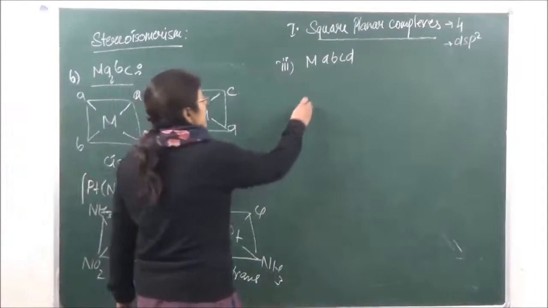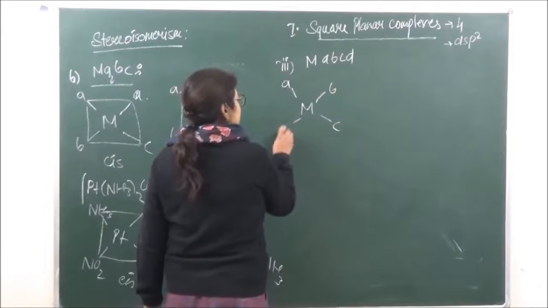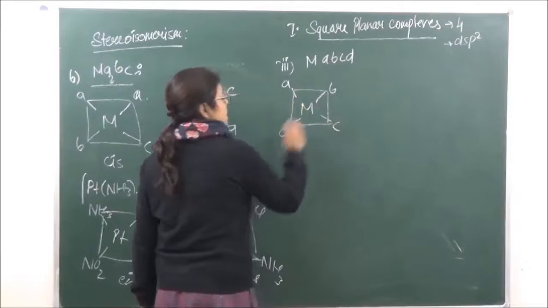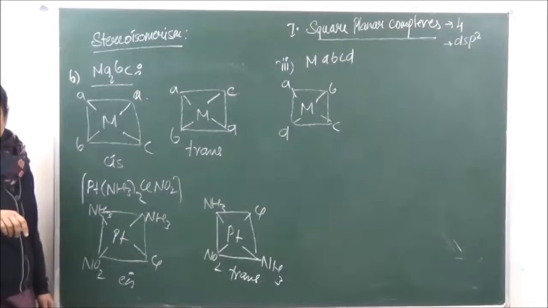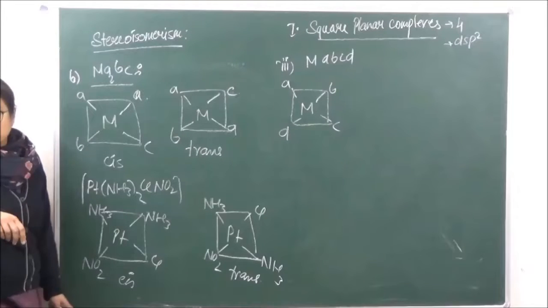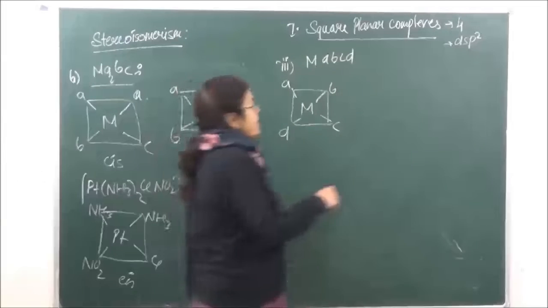Like for example, if we take the first one as ABCD, now in the second one the position of the ligands is going to change. So we have ADBC.